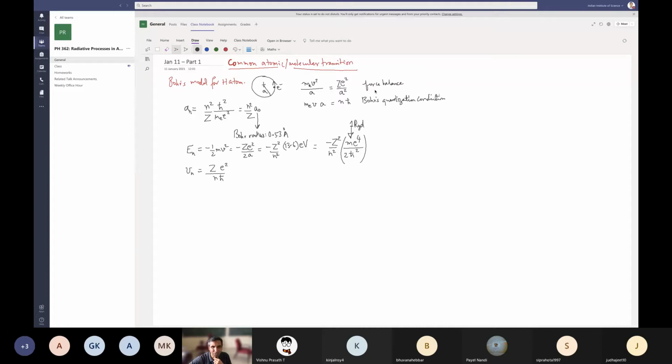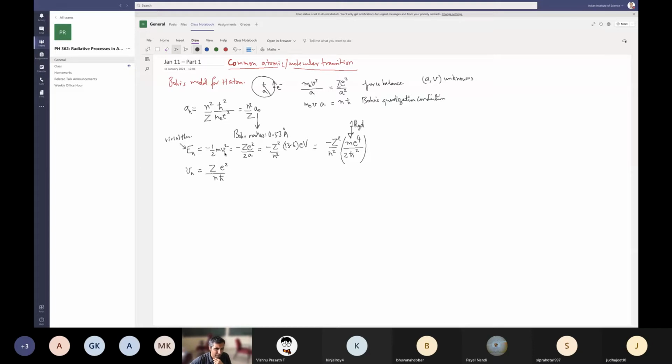There are two unknowns in these equations, a and v, so you have two equations and two unknowns, and you solve for them. The Virial theorem also gives us that the total energy is half of the potential energy and equal to the negative of the kinetic energy.